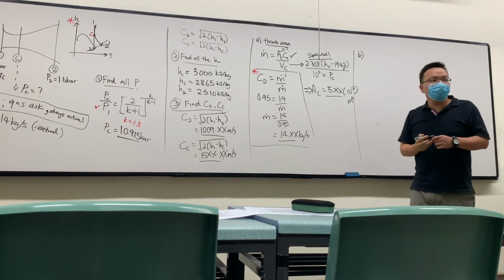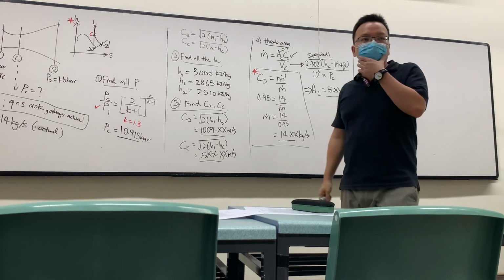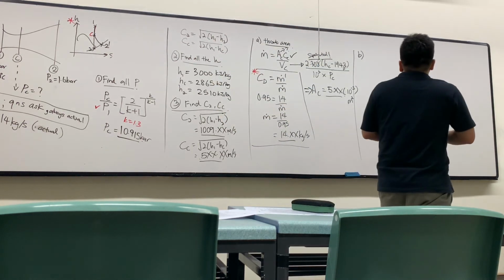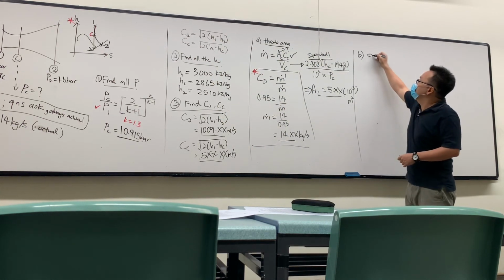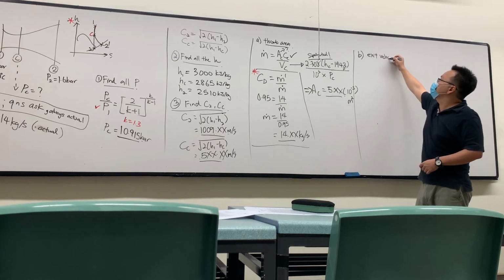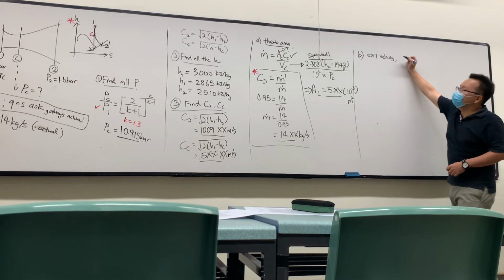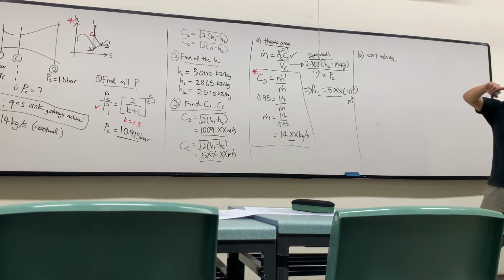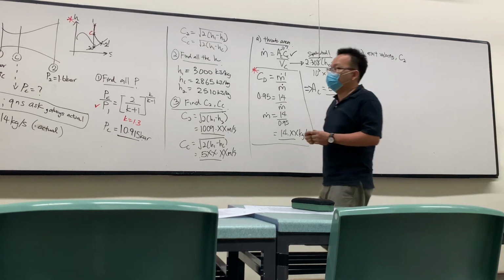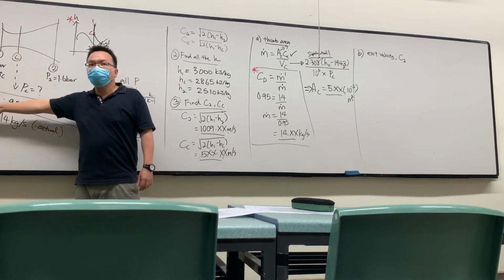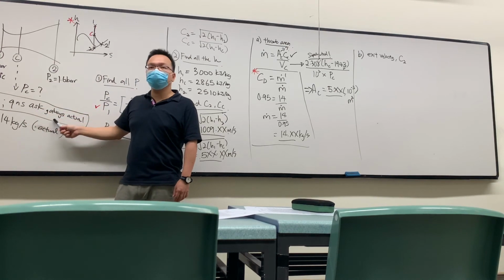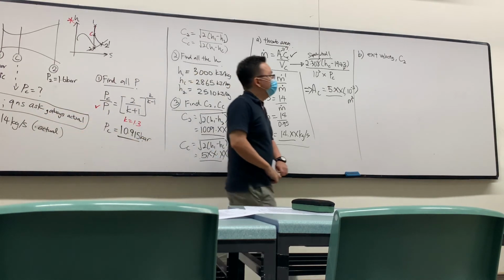So, part B, what did the question ask for? Exit velocity. What's the symbol for exit velocity? C2. Okay. The question asked, always actual. Means what?